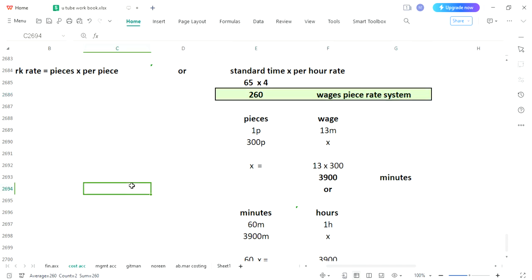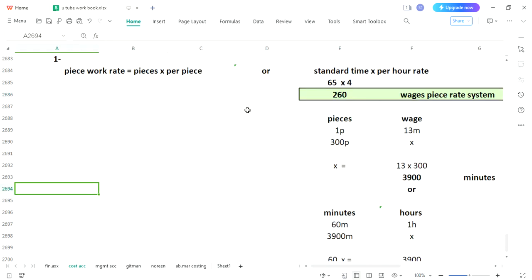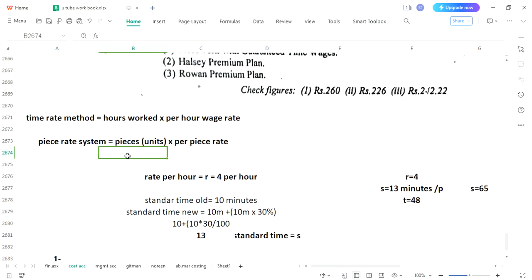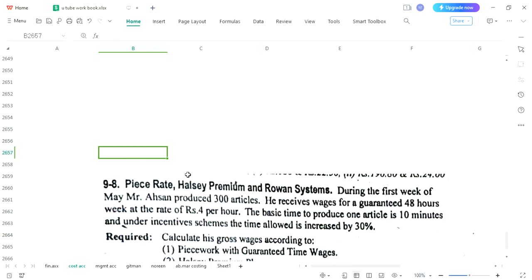Okay, answer has been calculated, but I have told you there are two formulas which can be used: standard time multiplied by per hour rate. This is piecework rate system, which is piece rate system 260. And second method, you can calculate number of pieces made and per piece rate. For that, you will have to collaborate with it. 4 per hour. How many units should be made in 1 hour if 13 minutes?